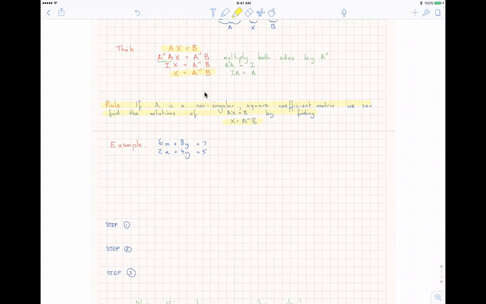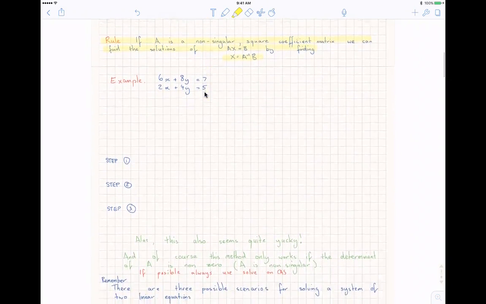Now be careful also, A must be non-singular, because of course if it is singular, that means that the determinant equals 0, so we won't be able to find A inverse. So this method is only going to work where A is non-singular. It should be a square coefficient matrix. Then we can find the solutions of AX equals B by finding X equals A inverse times B.